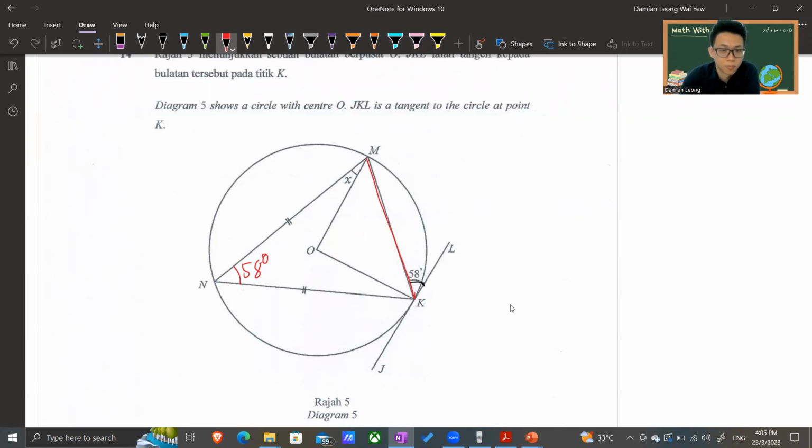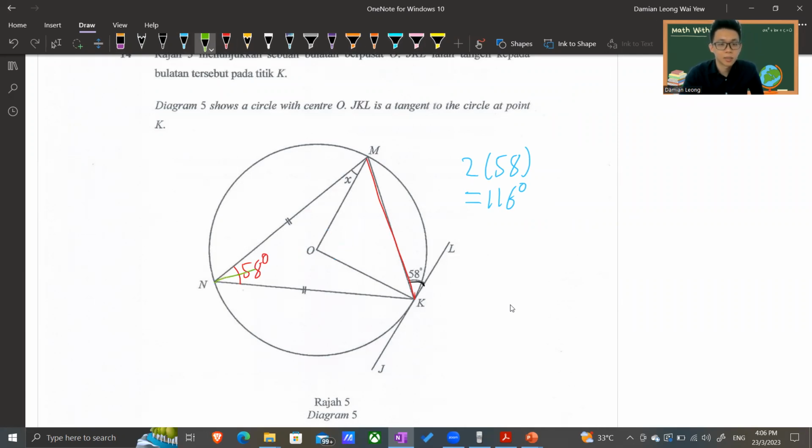Once I have 58 here, I also know this will be double of the angle at the circumference, so 116 degrees. Actually, I don't even need to do that.